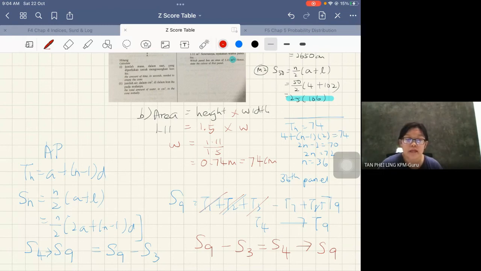All right, so then the next one will be GP. For GP, you have 3 formula. The nth term, which is A times R power n minus 1.